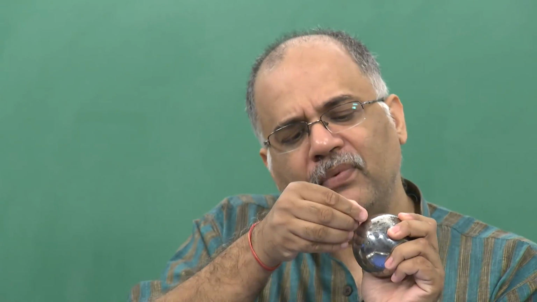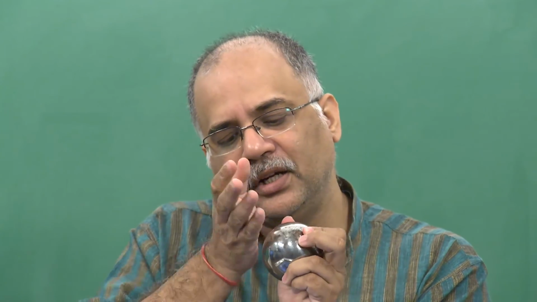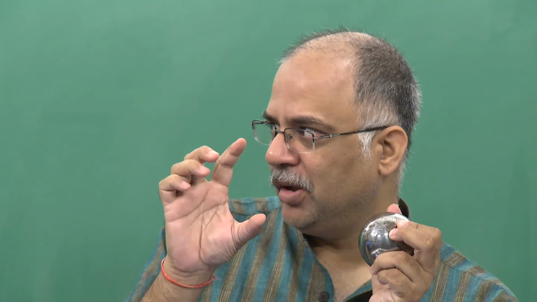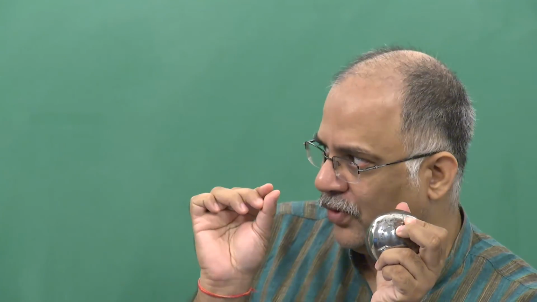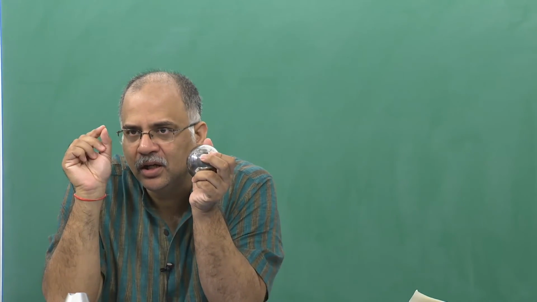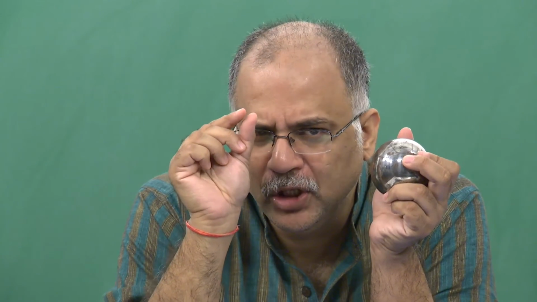But if you take a very small thin strip and cut it out, then you will realize that the volume of that element is not really a cylinder, though it looks like a cylinder.